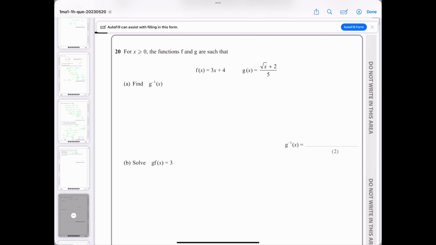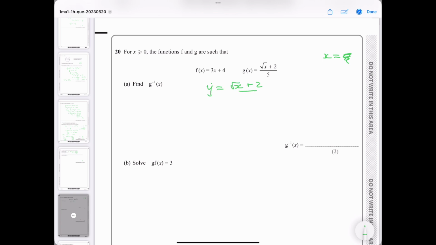X is greater than 0. The functions f and g are such that f of x equals 3x plus 4 and g of x equals root x plus 2 over 5. Find g to the minus 1 of x. In this case, we do the same thing we do when we're trying to find out what x is. So y equals root x plus 2 over 5.